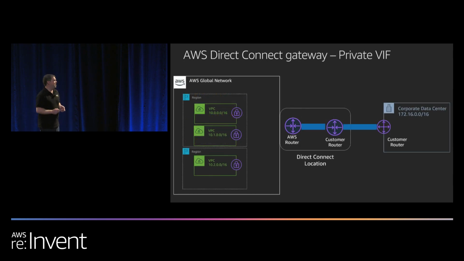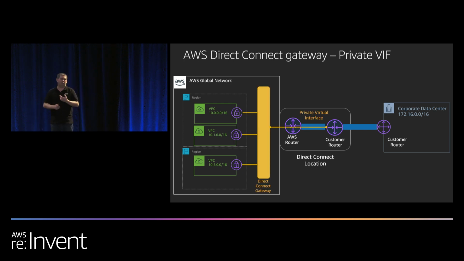So let's put a couple of these pieces back together on our diagram. So we have our physical connection in place, and now we have the AWS Global Infrastructure. And very deliberately here, I have two different AWS regions. I have a couple of VPCs in one of them, and I have a VPC in another one. And we want to connect these together. So as I mentioned earlier, this is going to be a private virtual interface. And we're going to create that virtual interface, which is just a VLAN and a BGP session across that physical connection.